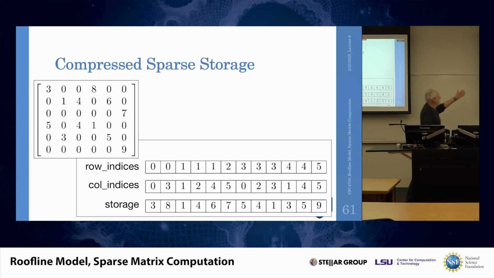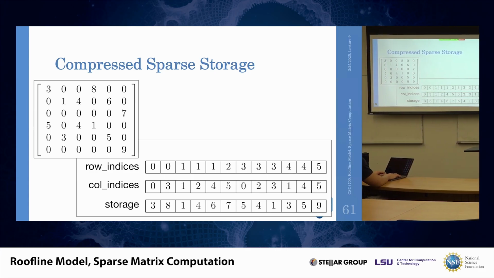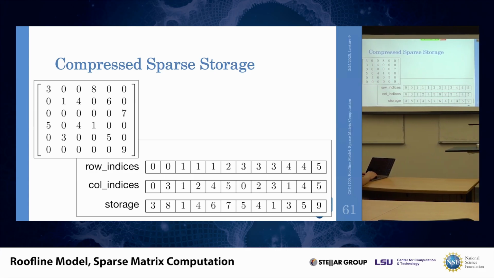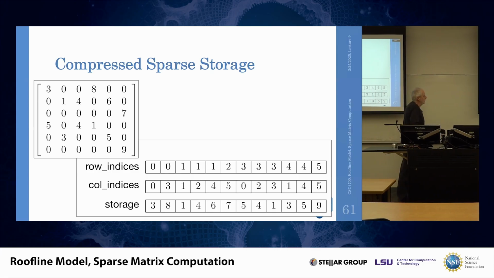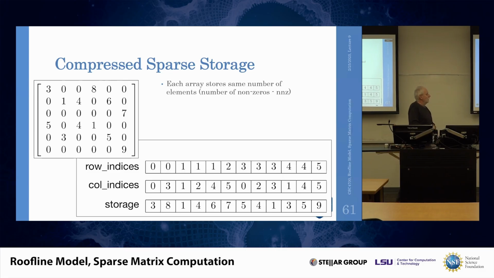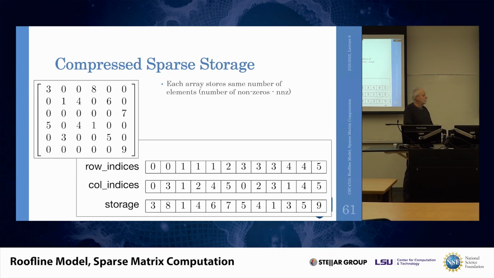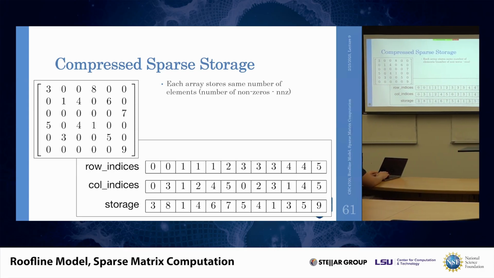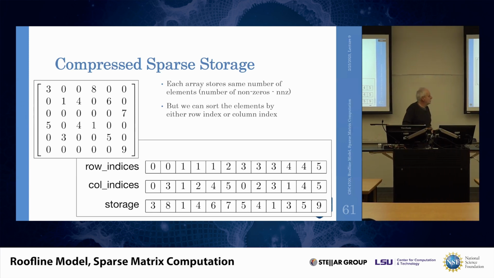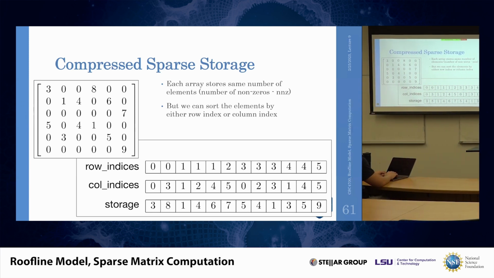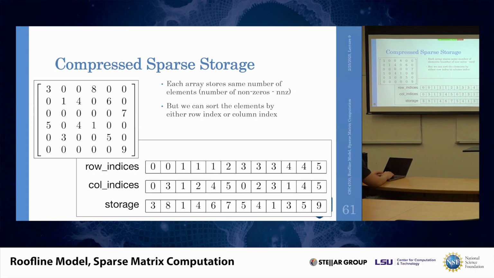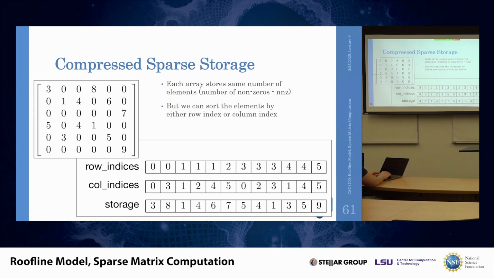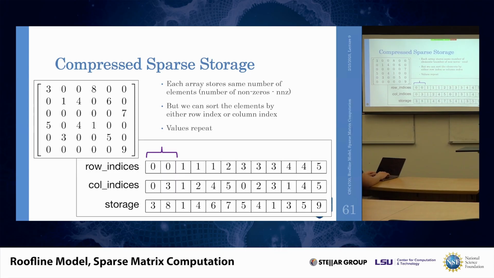Okay, so I have that matrix again. I have outlined the values in our 3 arrays. Here, each array stores the same number of elements, because each array has to store the number of non-zeros. But if we sort the arrays either based on the row indices or the column indices, you will see that the values actually repeat, right?